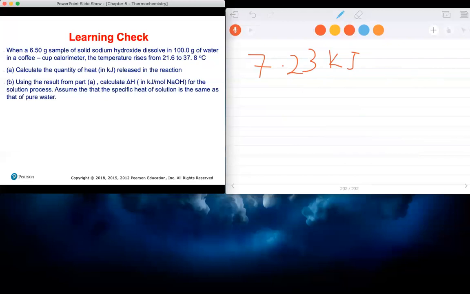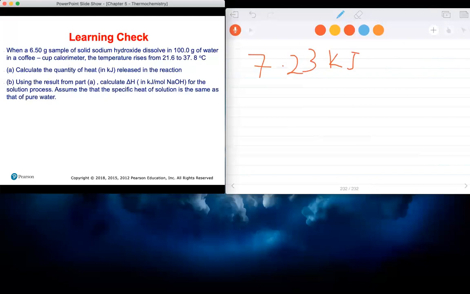Now, if we are to find, using the result from part A, the enthalpy change of sodium hydroxide. Yes, Andrew, whenever you are doing a problem like this, you have an added sample. To make a solution, you have to add the H2O and the mass of the sample.